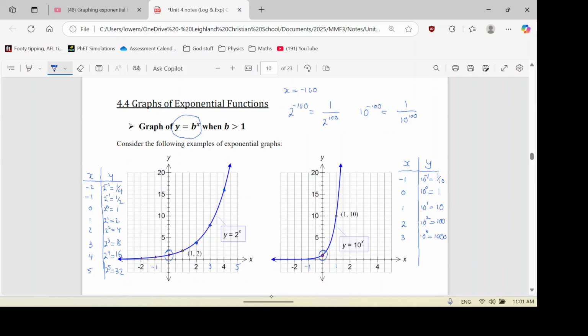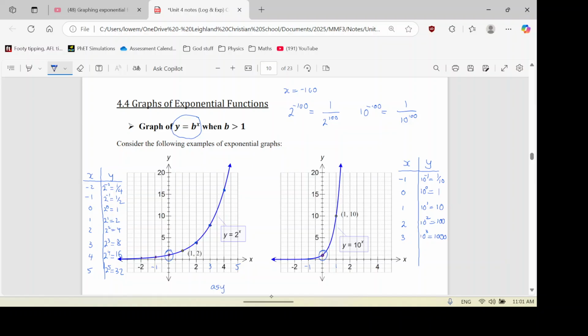Virtually 0, but not actually 0. Still positive, but only very slightly. And so what that means is as our x values get increasingly negative, our y value gets closer and closer to 0, but will never actually reach 0. That makes our x-axis something called an asymptote.